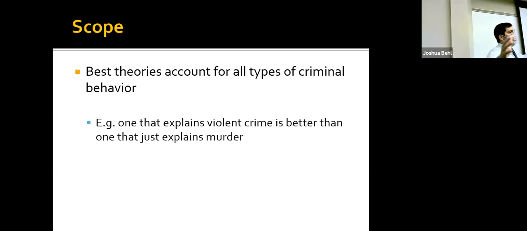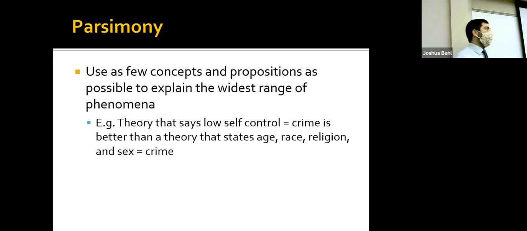The best theories explain a wide variety of crime, because then you can make a policy that targets the widest variety of crimes, right? So parsimony. There should be as few concepts and propositions as possible to explain the widest range of phenomena. A theory that says something like, for example, low self-control causes crime is a much better theory than one that states that age, race, religion, sex, sexual orientation, and socioeconomic status all predict crime together, because there are far too many variables, which means you can't really predict anything with any sort of certainty, right?